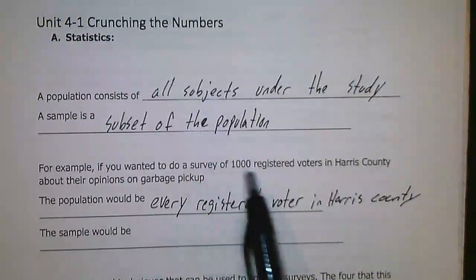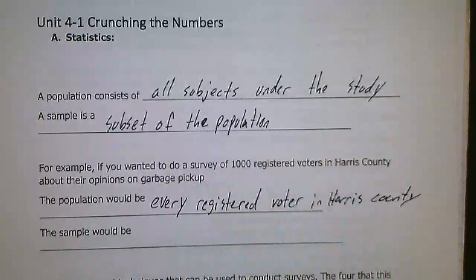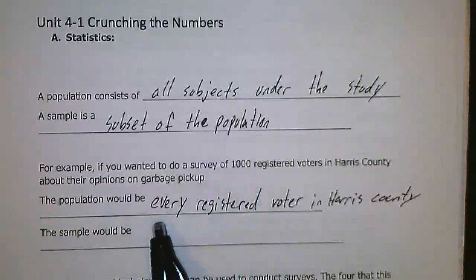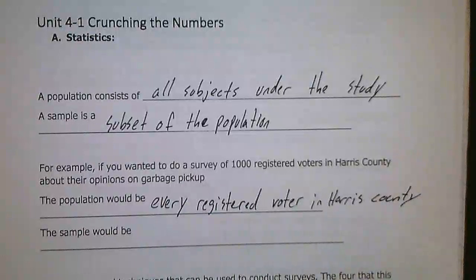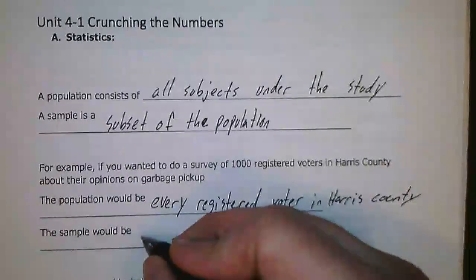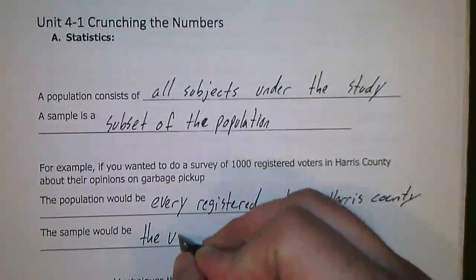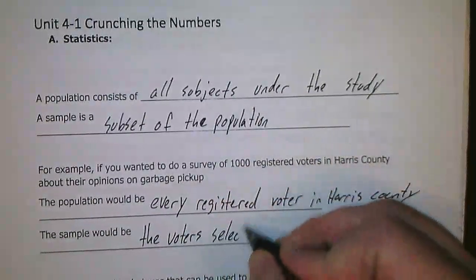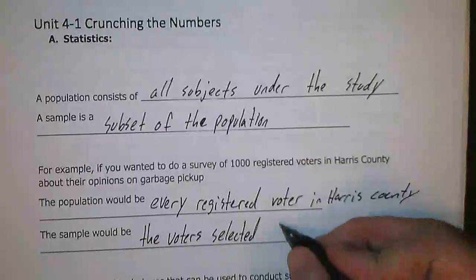If we wanted to conduct this survey, the population that we could pull those 1,000 people from is every registered voter in Harris County. And the sample would be the voters selected for the survey.